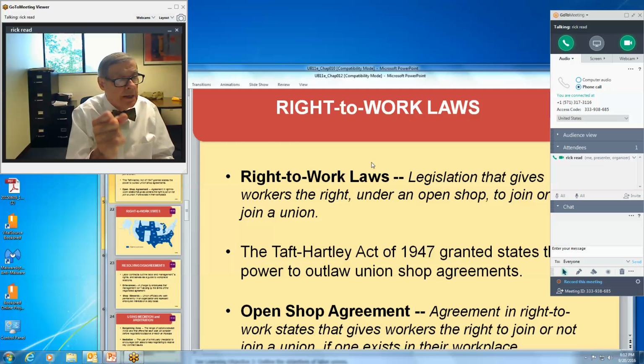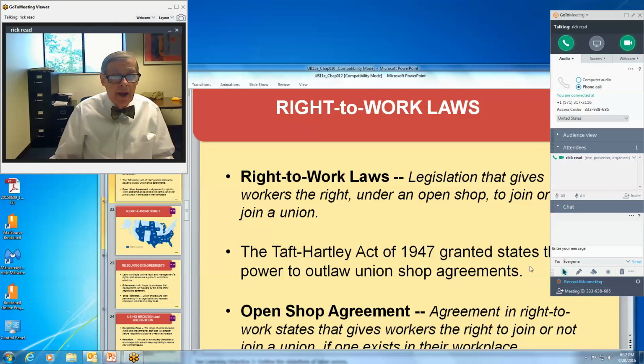Well, okay. But right to work, the way it's really referred to in the United States today, and by the way, there's a map that shows you states that have right to work laws, really kind of boils down to being anti-union. It's not necessarily protecting the workers at all. It's just being anti-union.